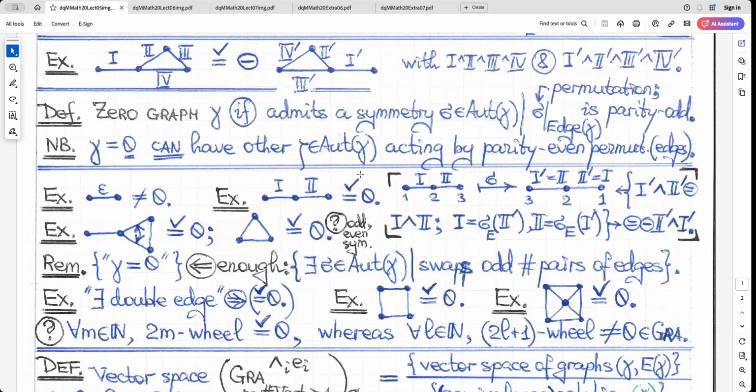But if we flip our graph, then one edge remains itself and two edges are interchanged. So we get an overall minus sign, the graph is equal to minus itself. And so on. So we do have that zero.